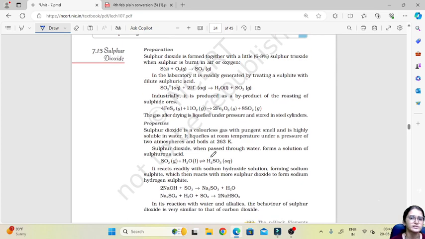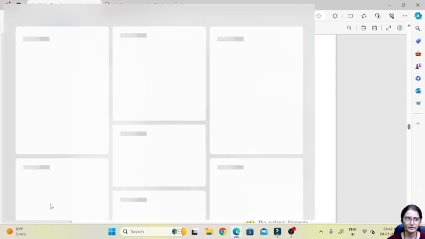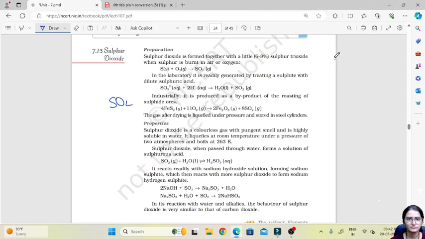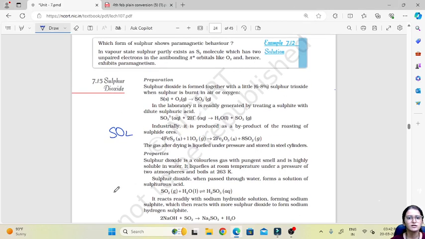Then about sulfur dioxide. Sulfur dioxide is SO2, which can be prepared by taking sulfur with dioxygen to give sulfur dioxide. Also, sulfite when treated with hydrogen ion or acid gives sulfur dioxide. These are the methods to prepare sulfur dioxide. It is produced industrially as a byproduct of roasting of sulfide ore.